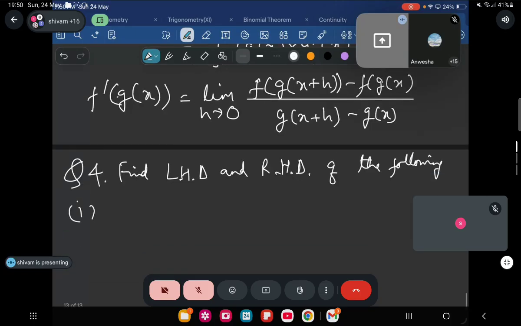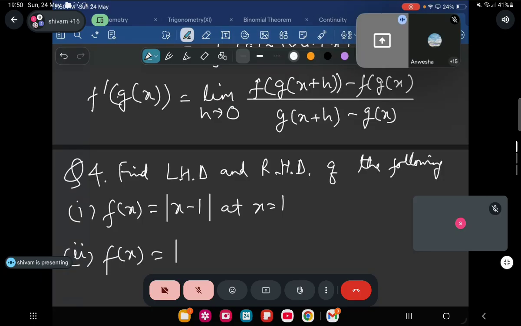Number 1, f of x equal to mod of x minus 1 at x equal to 1. Number 2, f of x equal to mod of x cube at x equal to 0. Solve, solve. Quickly solve.